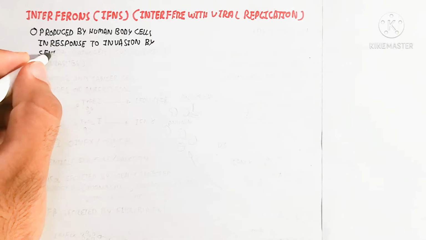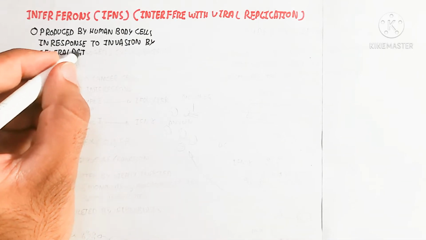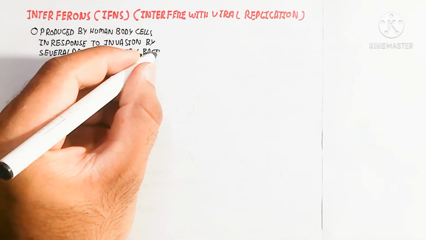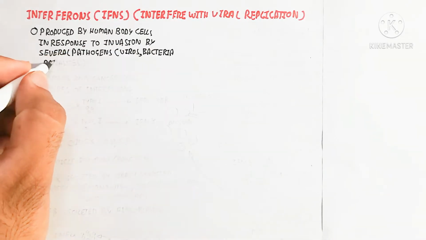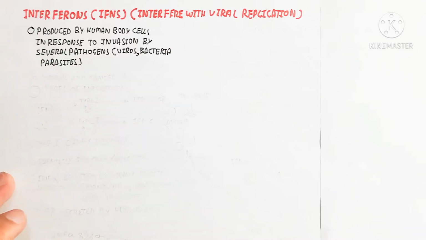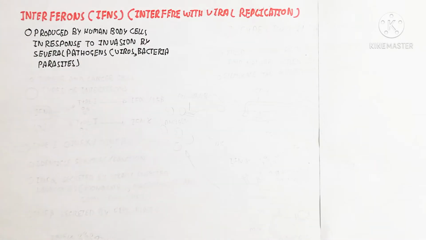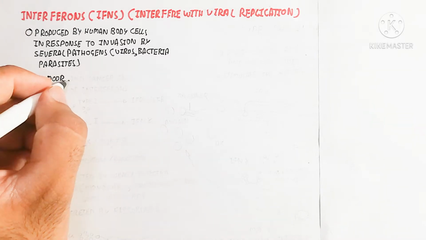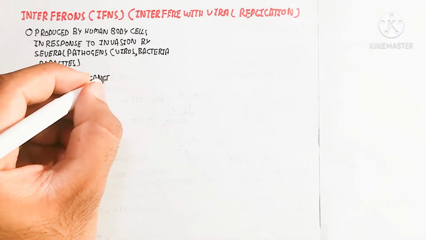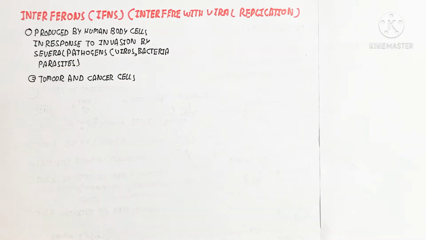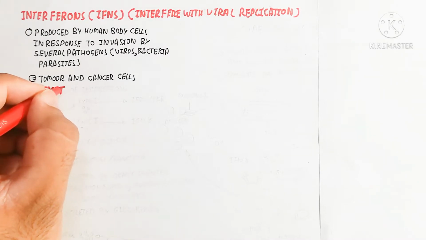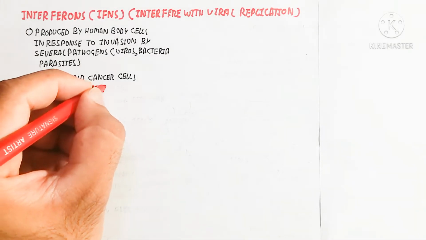It is basically produced by human body cells in response to invasion by several pathogens, for example antigens, viruses, bacteria and parasites. One more important thing is that tumor and cancer cells, which are defective cells, also produce interferon.